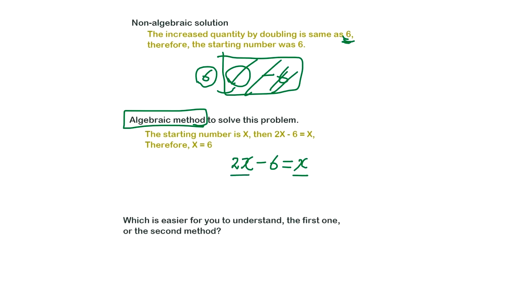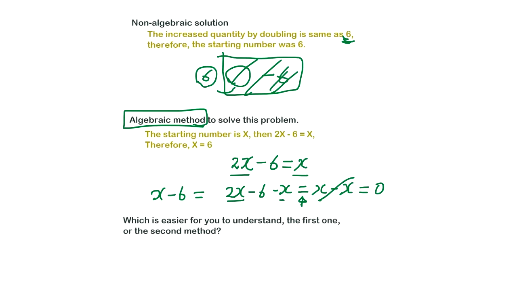Okay, so what you do is you subtract x from both sides. Remember the principle of equivalency, right? Then this becomes 0 and this side becomes 2x minus x minus 6, right? x minus 6 is 0.